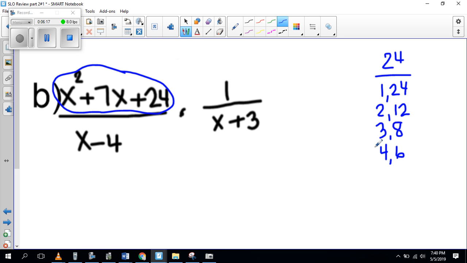Well, I'm looking for my B term, 7. Which one's going to give me a 7? And I think on this one, I might have made a mistake. It was supposed to be a positive 5.